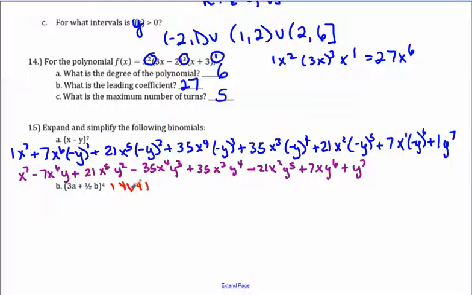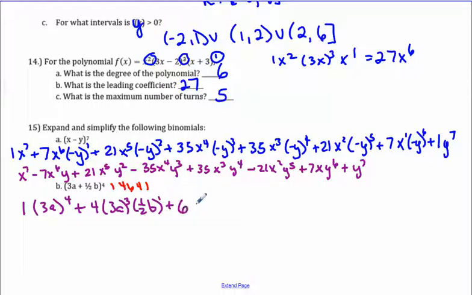Okay, so this is the row of Pascal's triangle we need for the next one. Start with the 1, and then the 3a is to the 4th power, then the 4. The 3a is to the 3rd power, and the 1/2 b is to the 1st power.